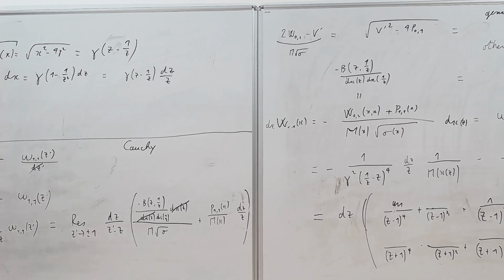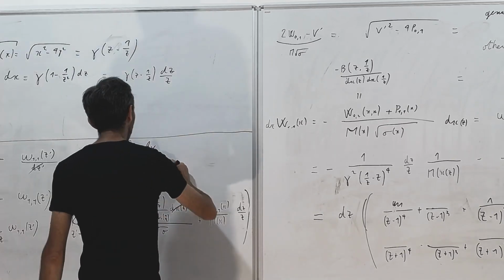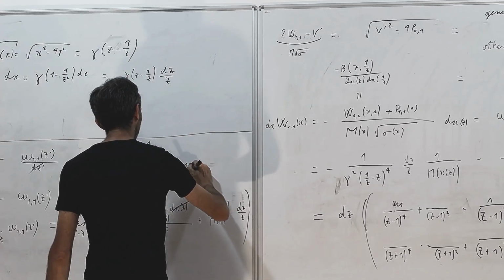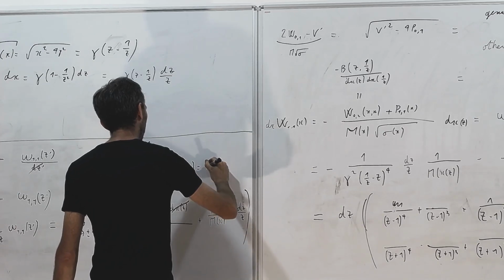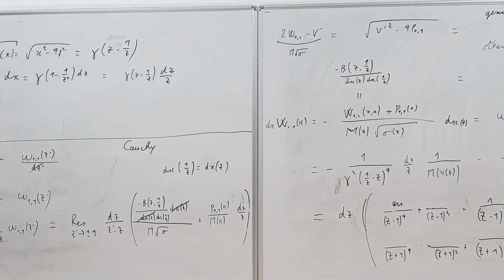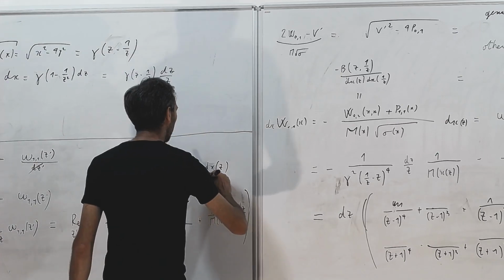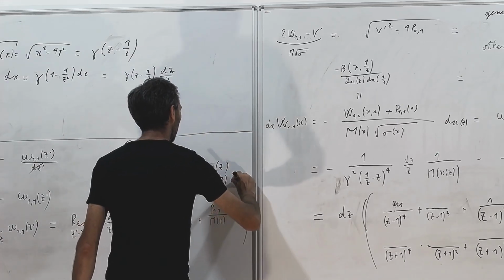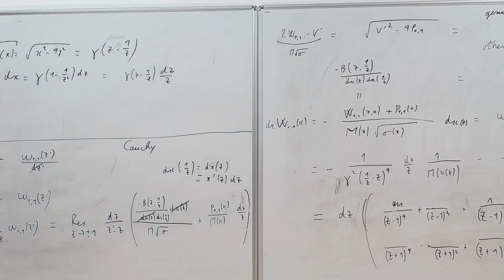It's very easy to see that dx of 1 over z is the same thing as dx of z. And that I will often call x prime of z dz, or sometimes dx of z. But what is the miracle here? Observe the term with p11. P11 is a polynomial of x.